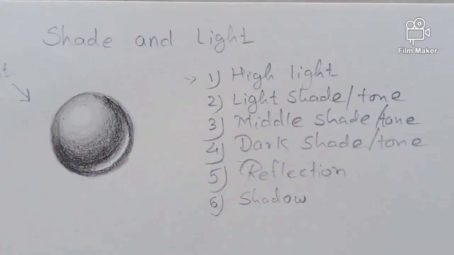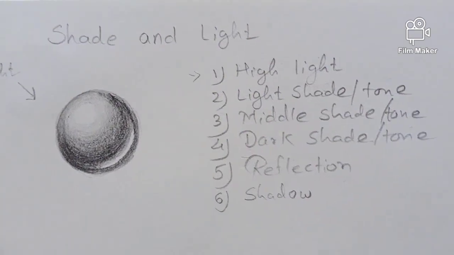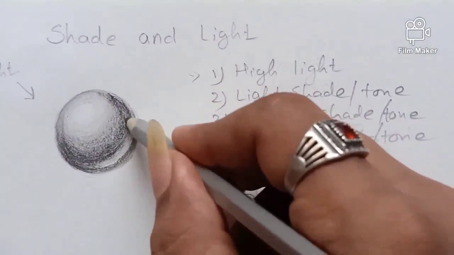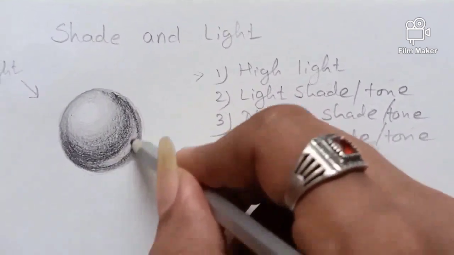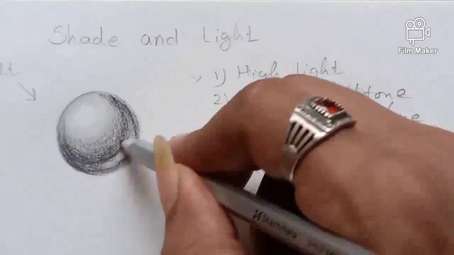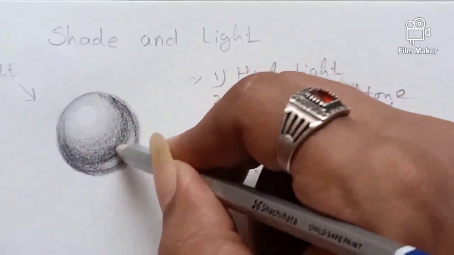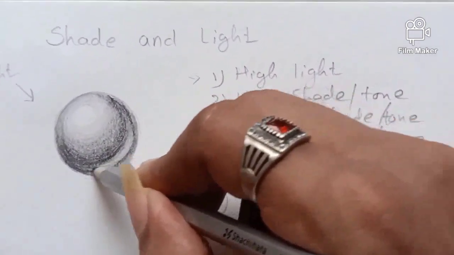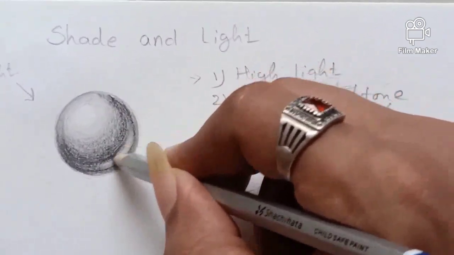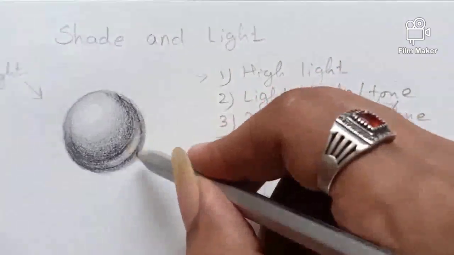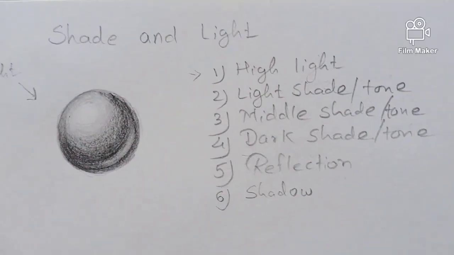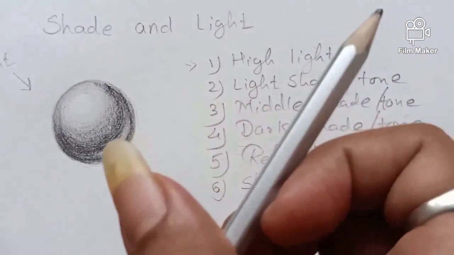Now my reflection part is there, that I am going to do a little lighter because otherwise it looks more dark, like brighter than a highlight. So you can utilize a light shade, or a shade a little darker than the lighter shade, something in between light shade and middle shade, for making a reflection.